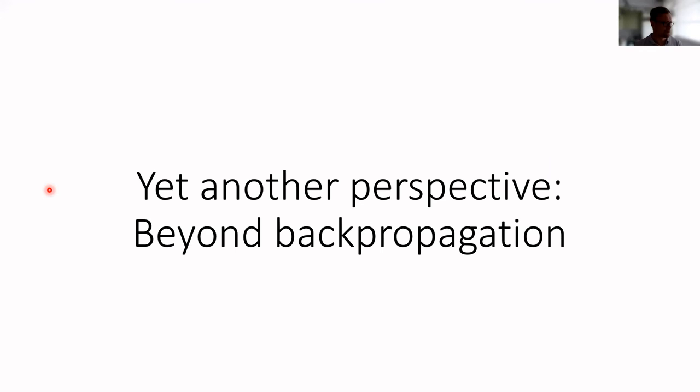So yes, I showed you that we can use a topological algorithm as this symbolic way of enhancing neural networks. Is there another way? So let's look at the perspective beyond backpropagation. What if we don't want to use it, because a lot of issues come from backpropagation itself?